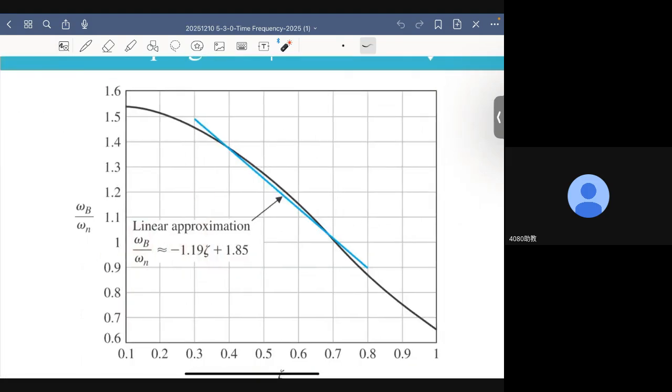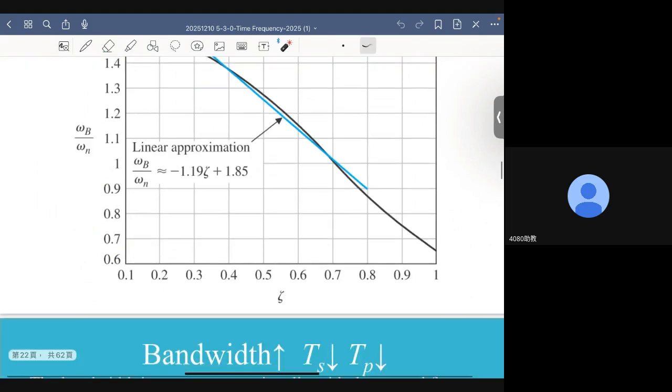Now, is this result unexpected? Of course not. Because we all know that bandwidth is a measure of the speed of response of the system. So if a system has larger bandwidth, we expect it to have a higher speed of response.